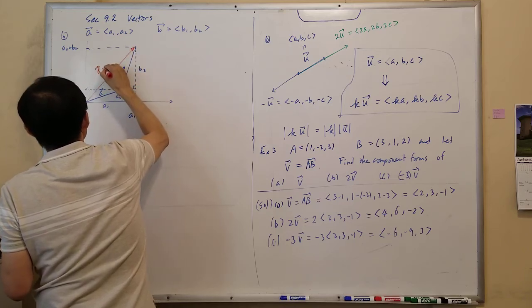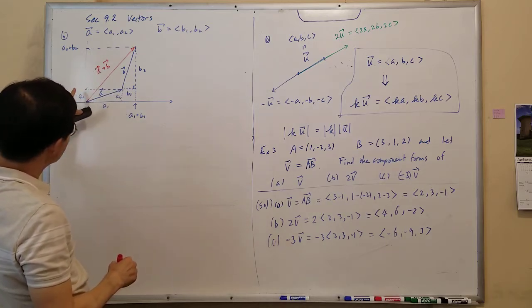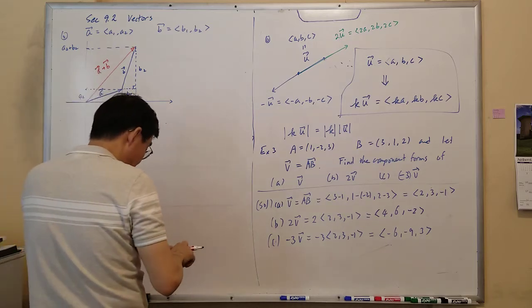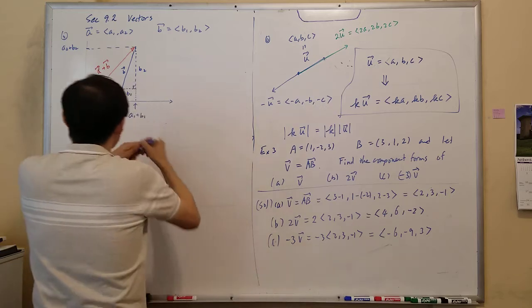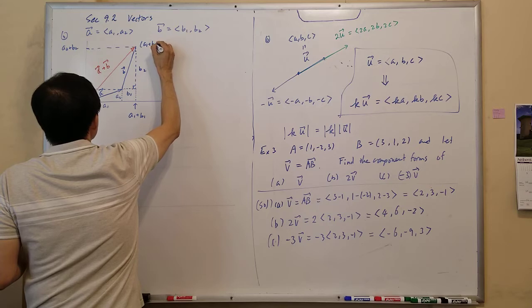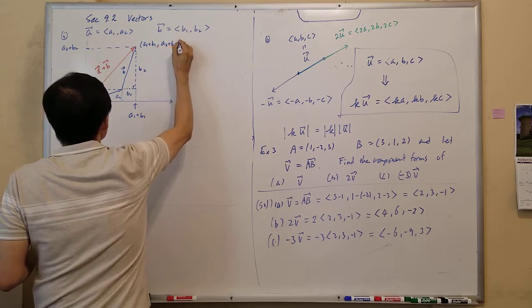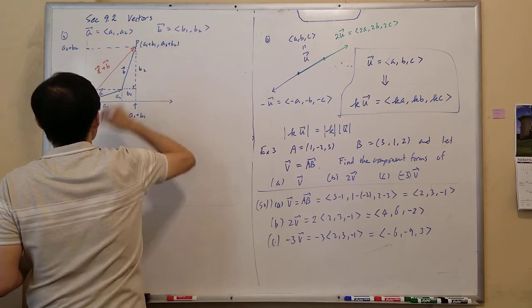This is A plus B, right? So this is the point whose xy coordinates are (A1 plus B1, A2 plus B2). Let's say P.